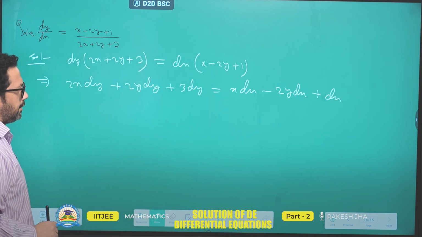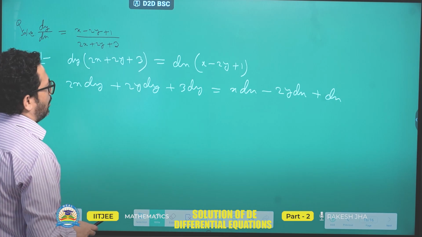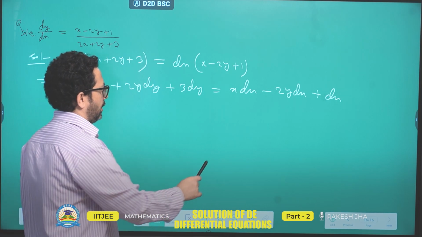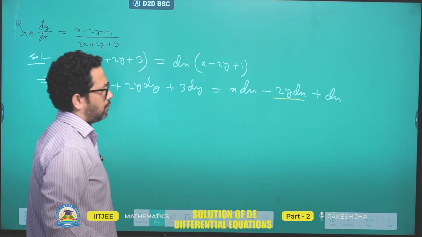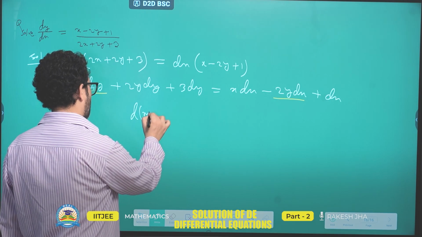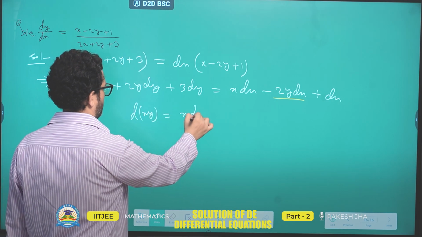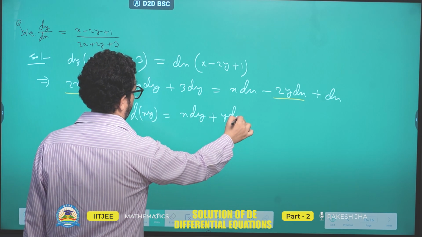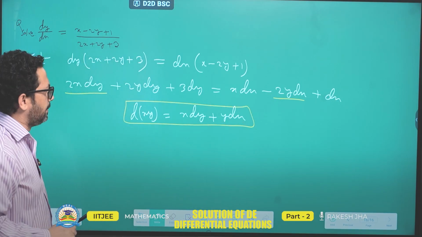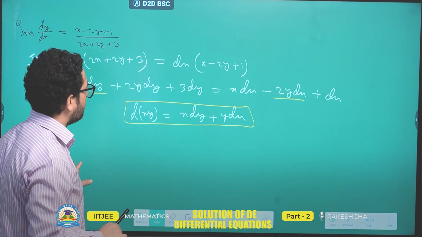Now what we can do is put the 2x dy and 2y dx at one place. We know that the differentiation of xy is x dy plus y dx. So this substitution is the basic key point here. Otherwise, this is a very easy question.